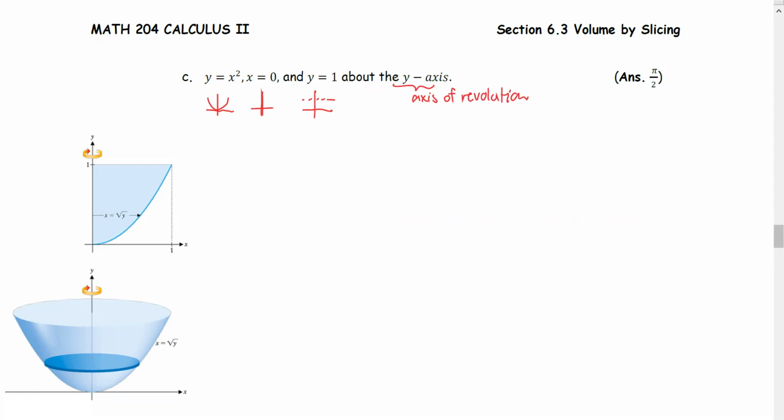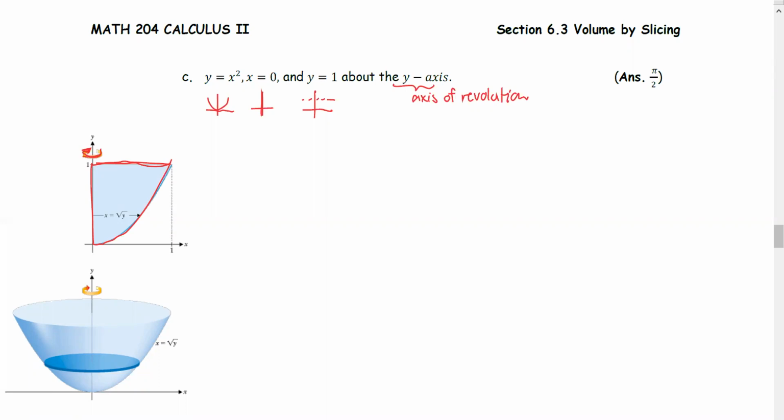When we put all three graphs together, we have x equals 0, y equals x squared, and y equals 1. The axis of revolution is the y-axis, so the graph rotates about the y-axis.